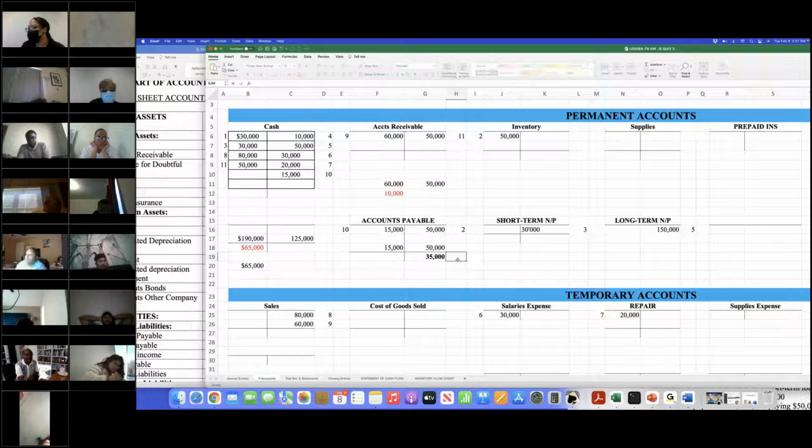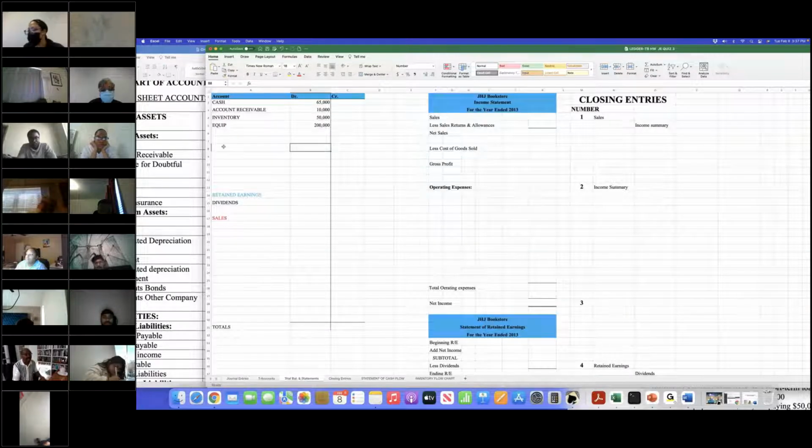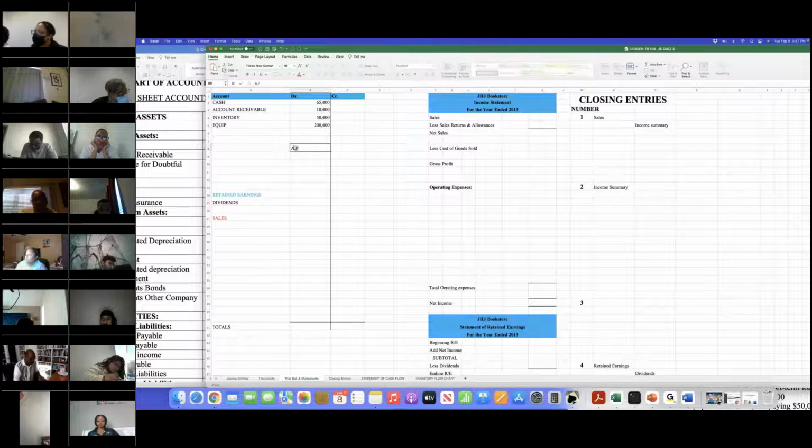So now as we go to our trial balance, we have accounts payable, that's going to be on the credit side, 35,000.